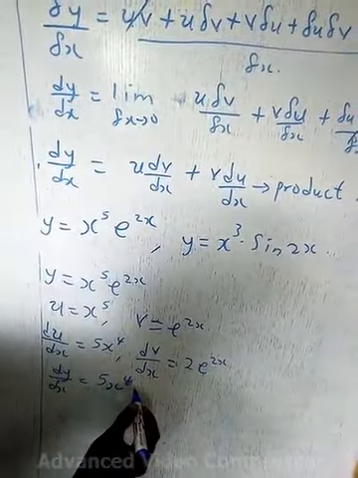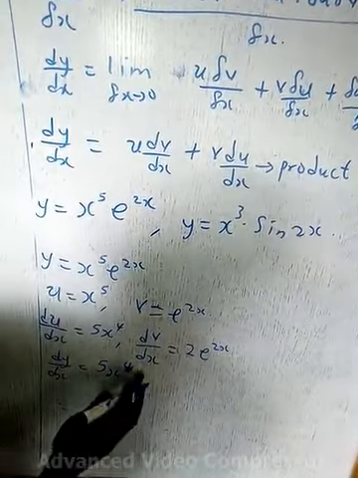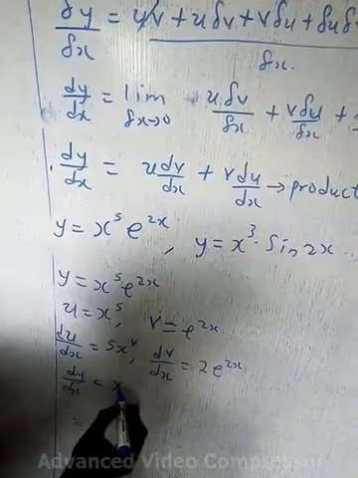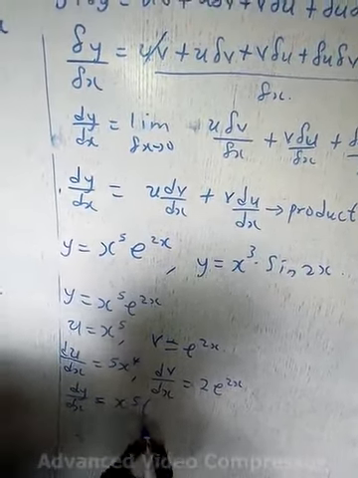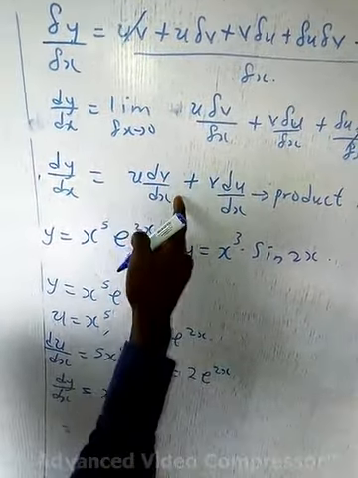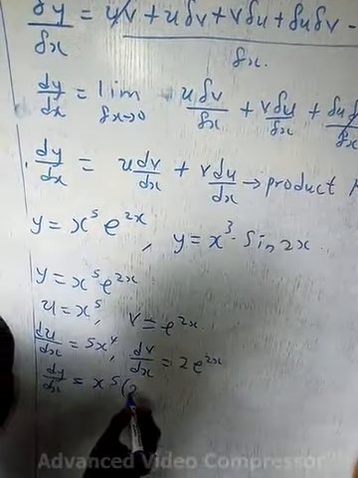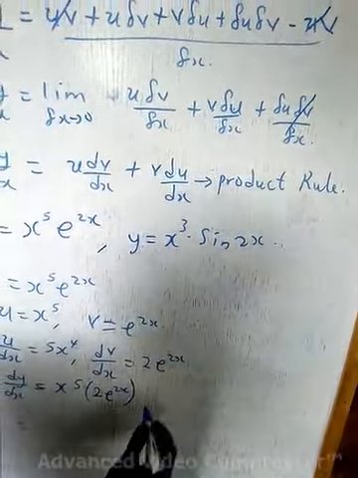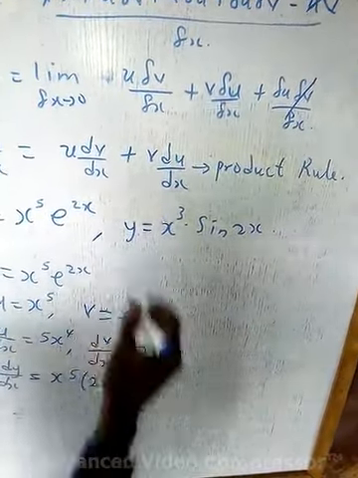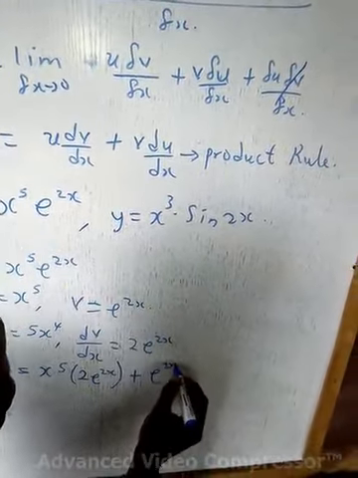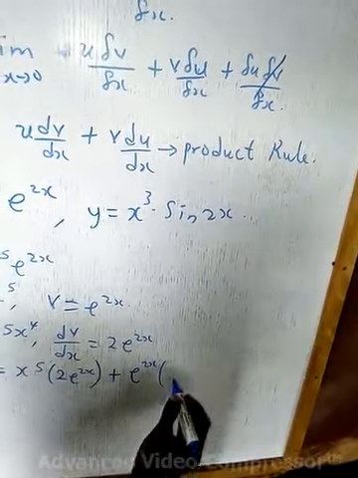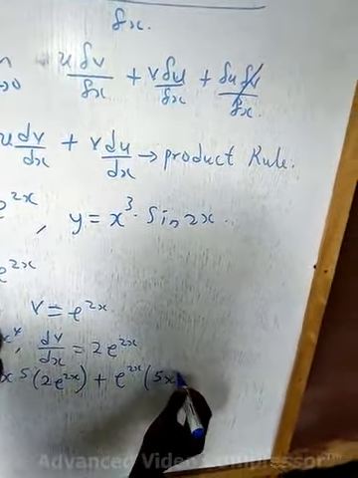My u is x to the power 5, my dv/dx is 2 exponential 2x, plus my v is exponential 2x, and my du/dx is 5x raised to the power 4.